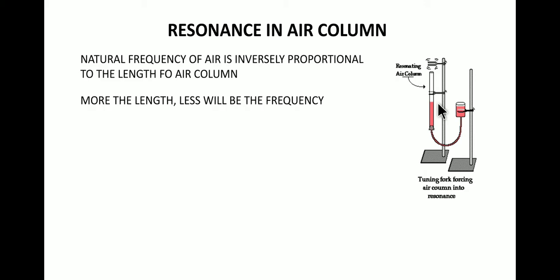This happens because the natural frequency of the air column becomes equal to the frequency of the tuning fork. That is the case of resonance, and the vibrations of the air column are in resonance with those of the tuning fork.